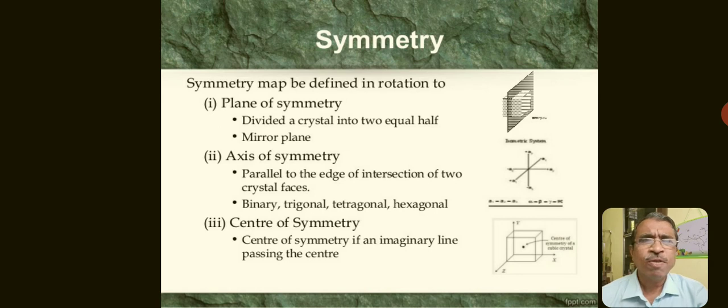In axis of symmetry, the axes are parallel to the edges of intersection of 2 crystal faces: binary, trigonal, tetragonal and hexagonal. Hexagonal we find in hexagonal geometry, but the other 3 we find in the cubic system. The center of symmetry is an imaginary point at the center.